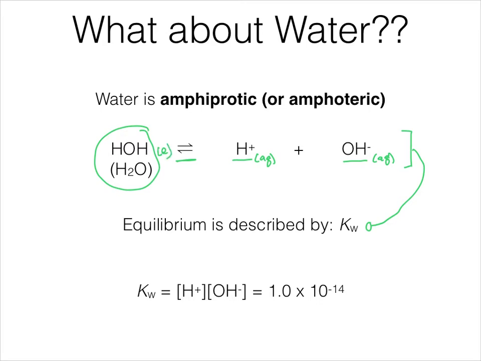But remember that water is a liquid, and liquids do not appear in our K expression. So Kw becomes the concentration at equilibrium of H plus times the concentration at equilibrium of OH minus. It turns out that when water is in solution, these equilibrium concentrations are known, and each one of them is 1 times 10 to the minus 7 molar.